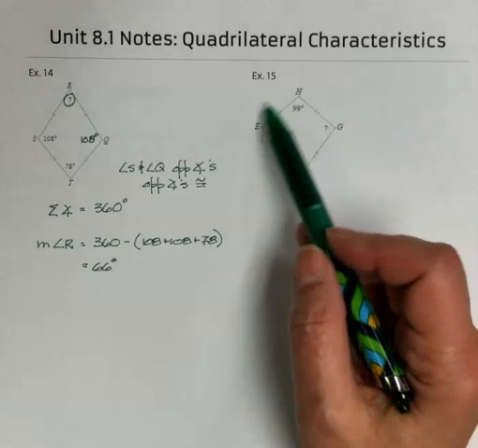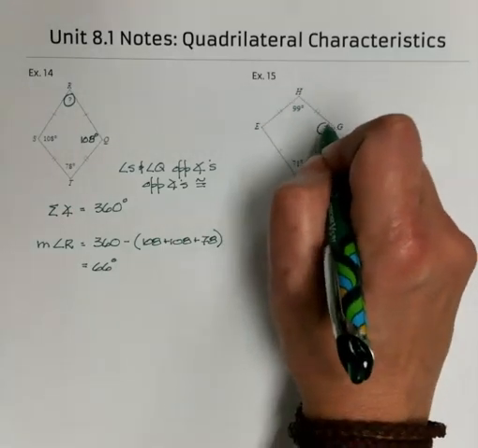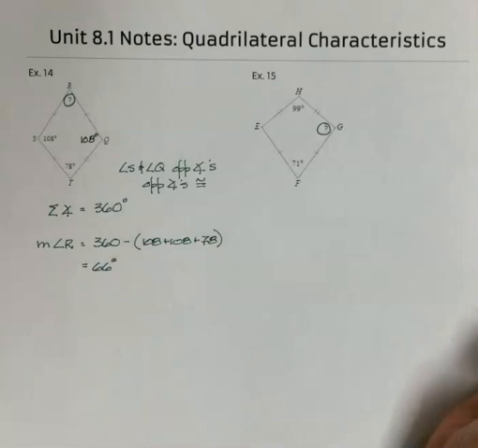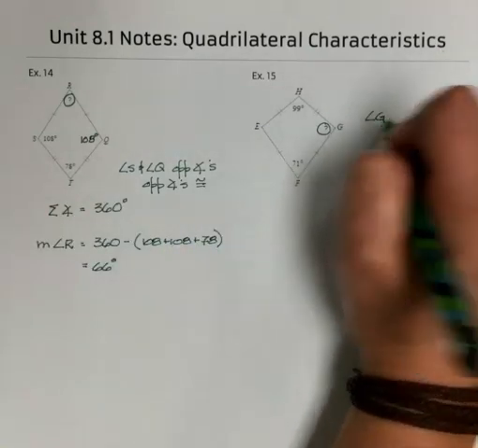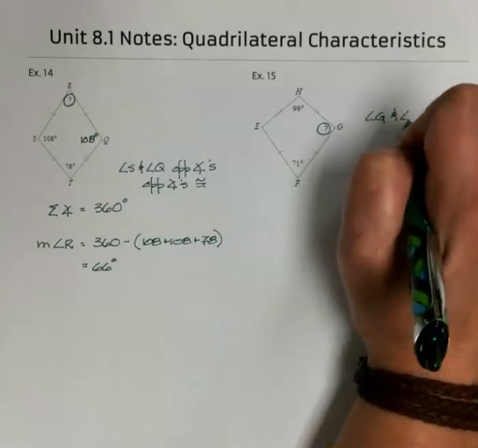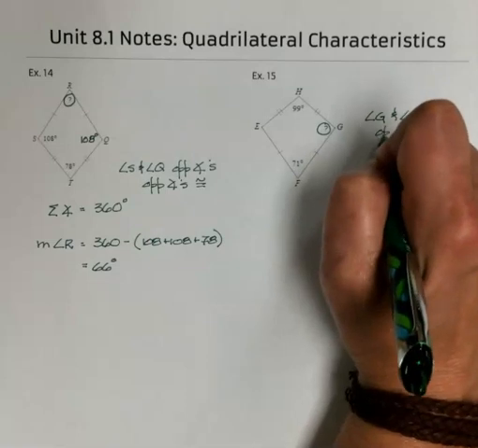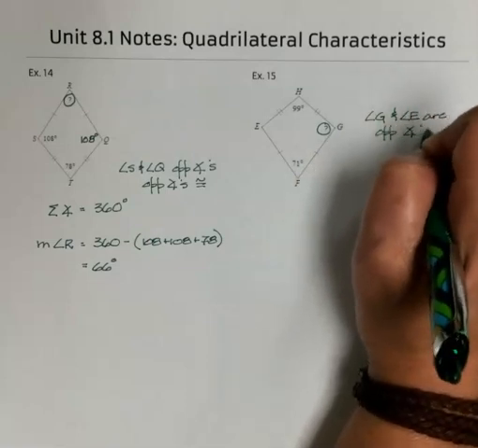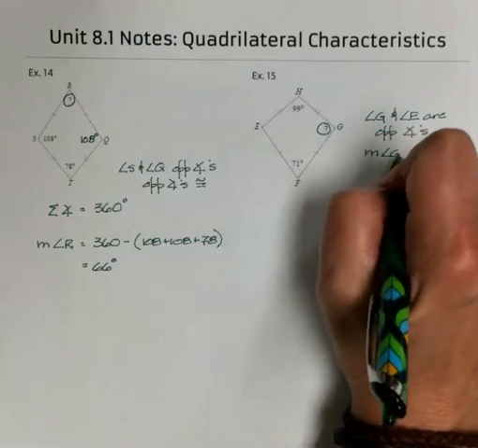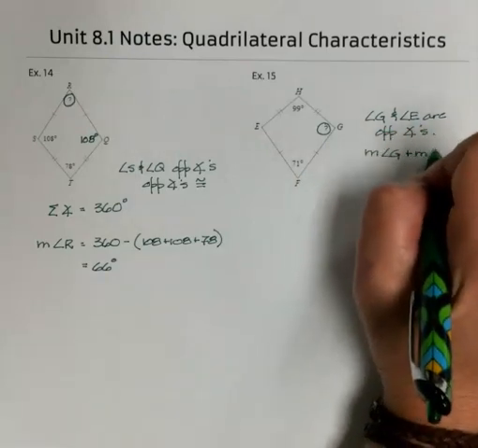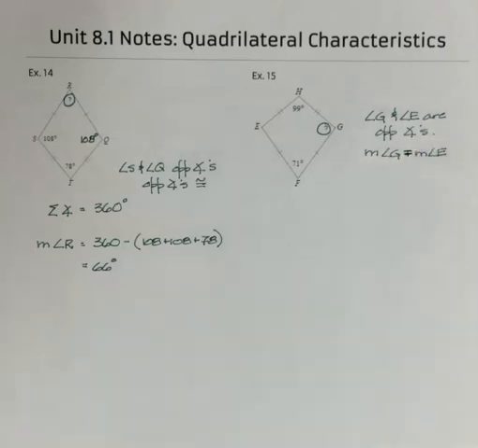Example 15, again we have a kite. We want to find the measure of angle G, and just like in example 14, angle G and angle E are opposite angles, which means their measures are equal, not add.